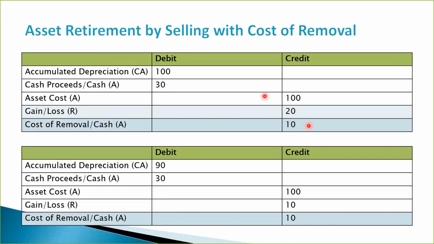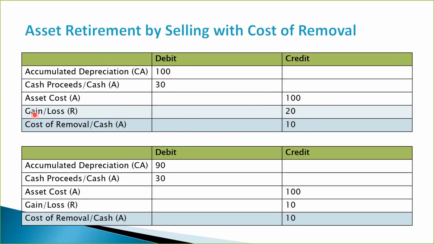In the first case, the asset is fully depreciated, so accumulated depreciation is 100, which is equal to the asset cost. You're going to sell this asset for $30, so your cash is going to increase by $30. You're going to pay $10 to remove this asset.